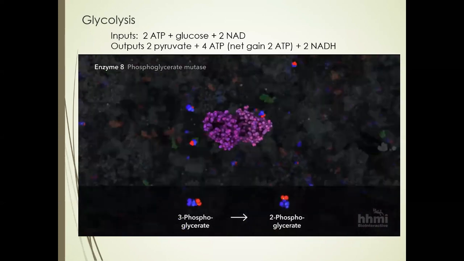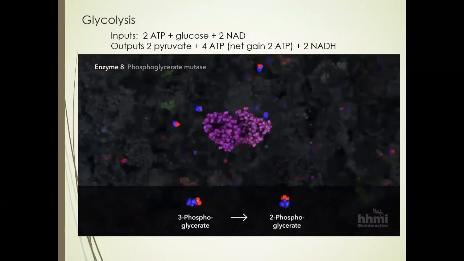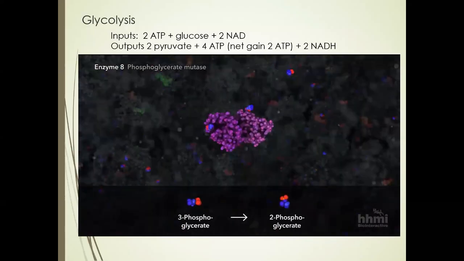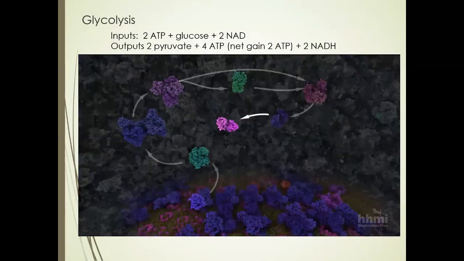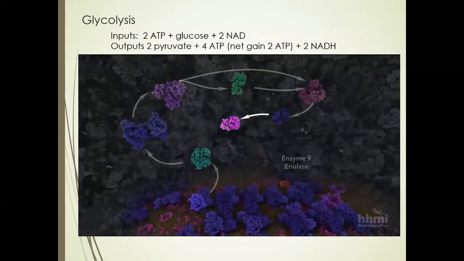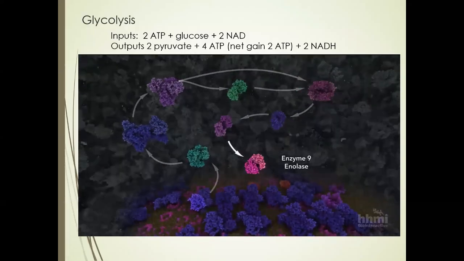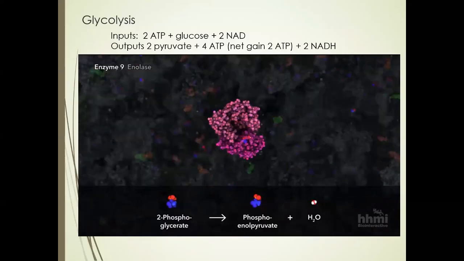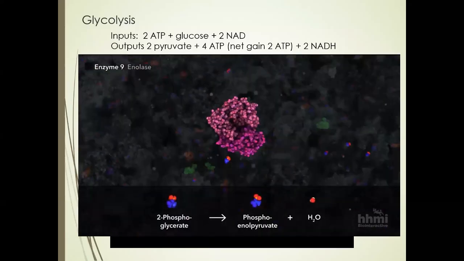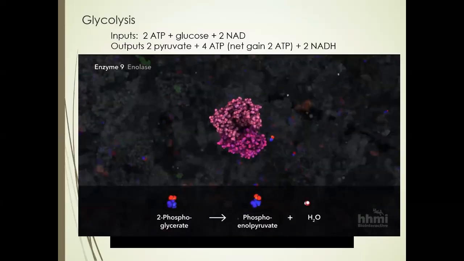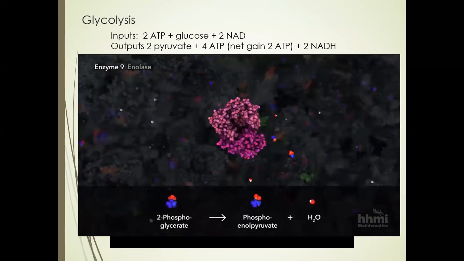The eighth enzyme rearranges the phosphate from the end of the molecule to the middle. The ninth enzyme catalyzes dehydration, increasing the potential energy in preparation for the final glycolysis reaction.